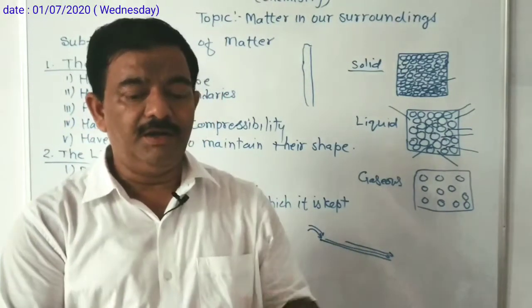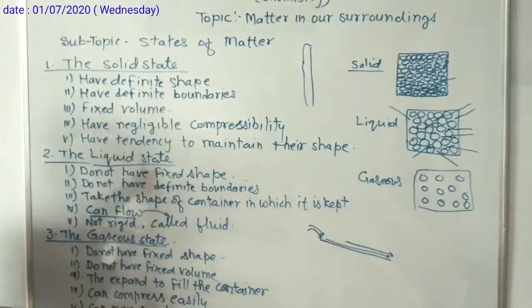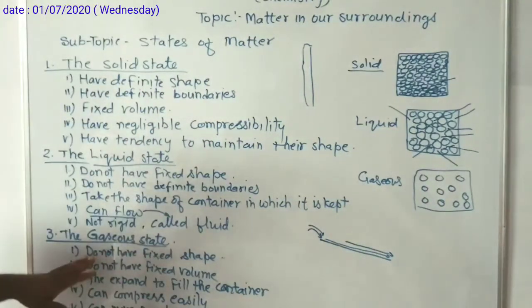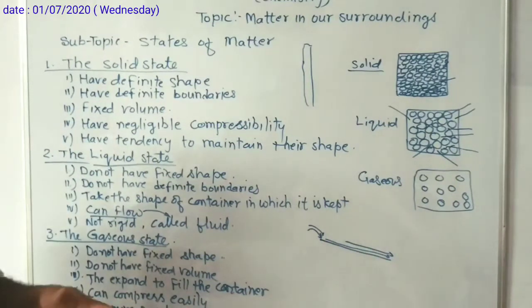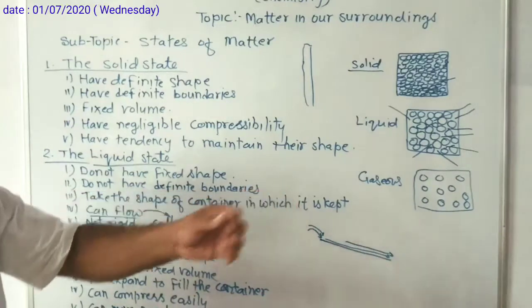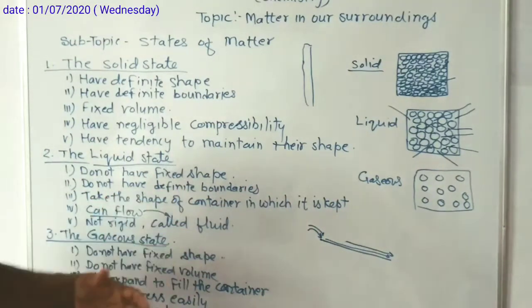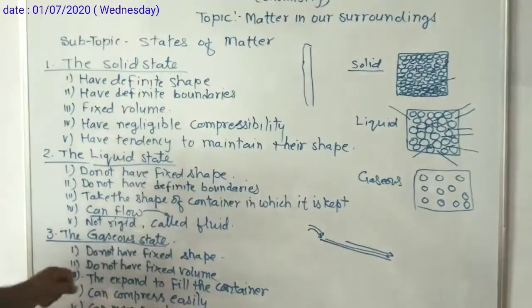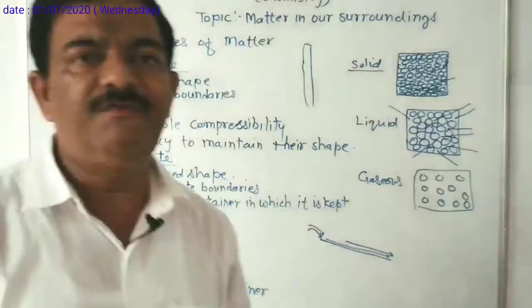If you fill gas in that cylinder, it will take the shape of that cylinder. Suppose a big long tunnel is there, a tunnel-like structure in which gas can be filled. Gas can be filled in that and does not have a fixed volume.